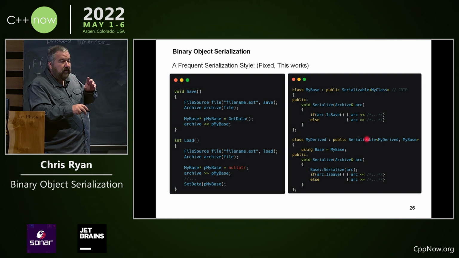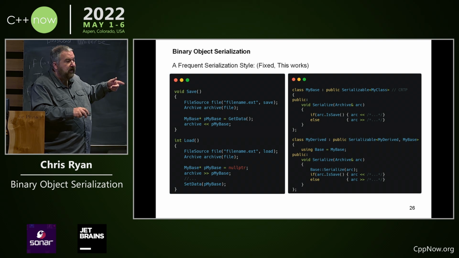Right, through the CRTP. The only point of fragility is if they forgot to put my base here. At which point, if they serialized out something that was my base, they would only end up with this my base. Or if they serialized my derived, they would only end up with this.